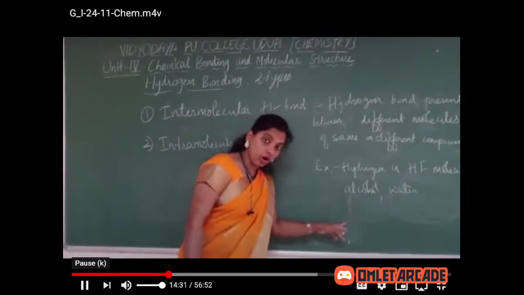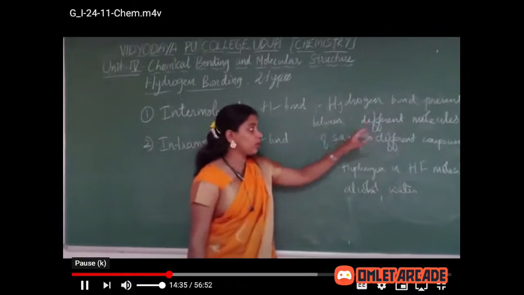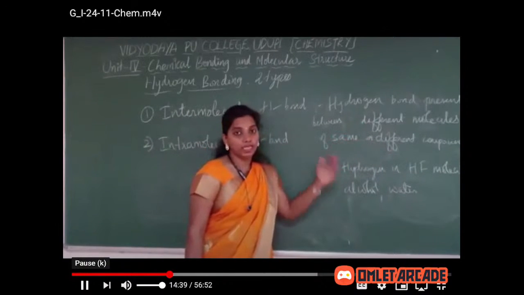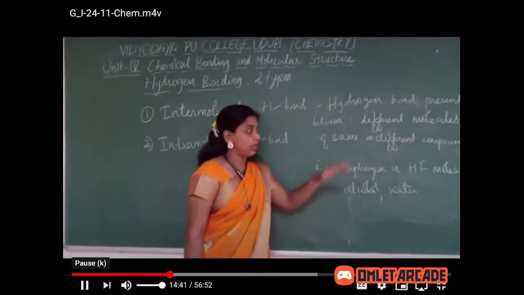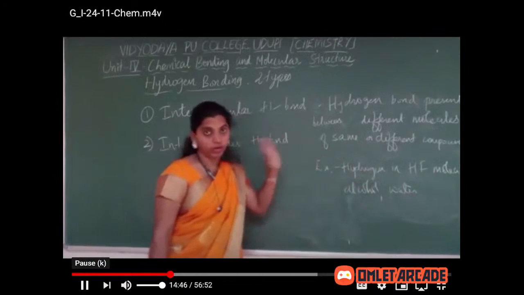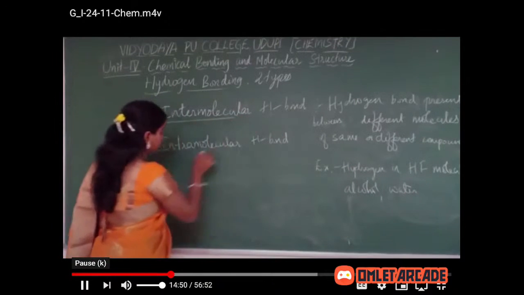Or between the alcohol and the water molecules. Therefore, it is given different molecules of same or different compound. Same compound means it will be HF, alcohol, water. Different compounds means between alcohol and water. Okay, so that is the intermolecular hydrogen bonding.